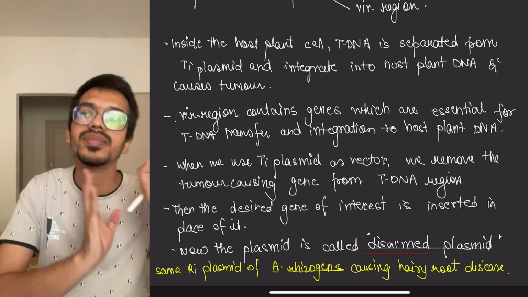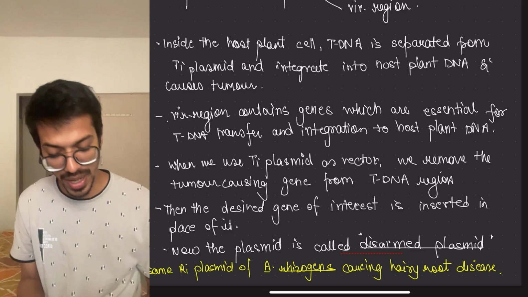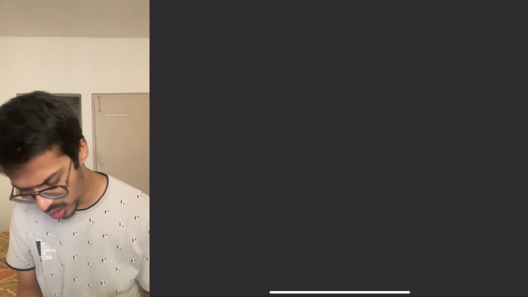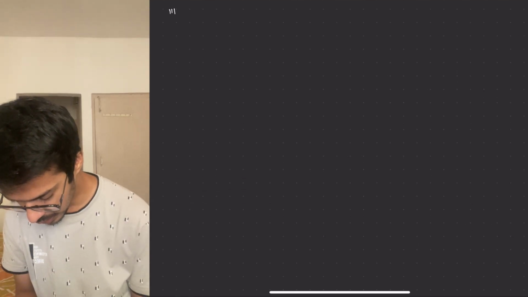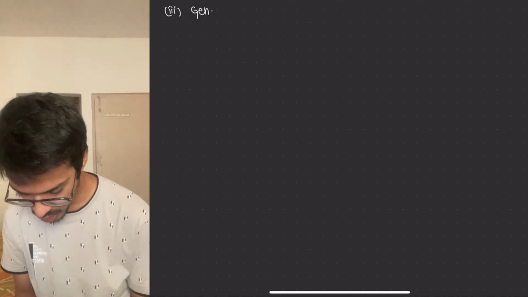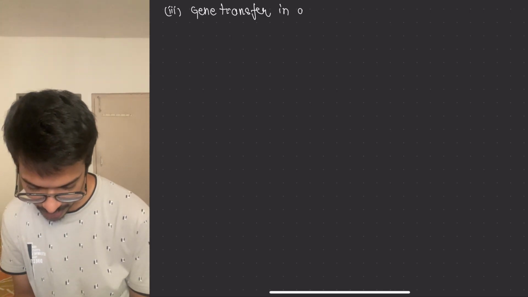Let's go to the animal ones. In case of animals, what happened? We have retroviruses, those viruses which have transduction as a method of giving the gene of interest, which we have even studied in the Hershey and Chase experiment, which clearly proved that DNA is a genetic material, right? So that concept is over here as well. The third one is gene transfer in animals.